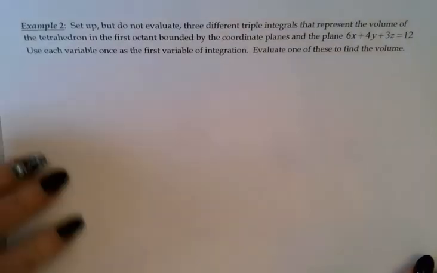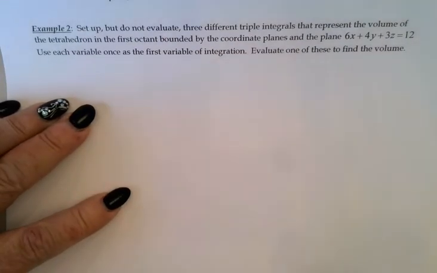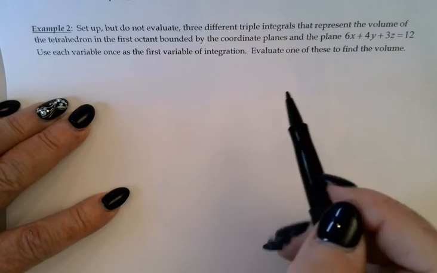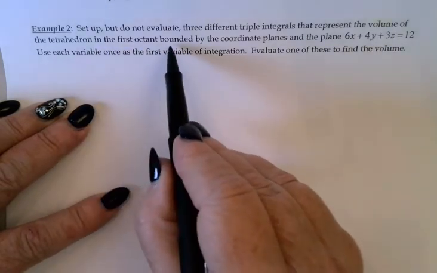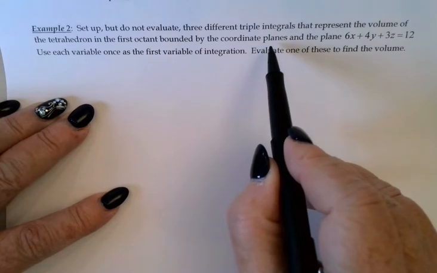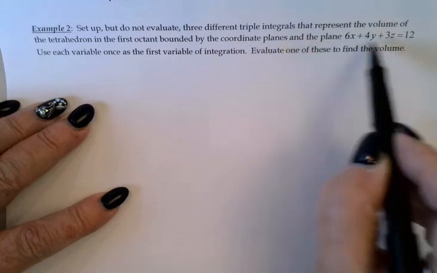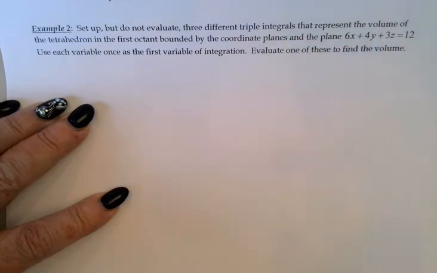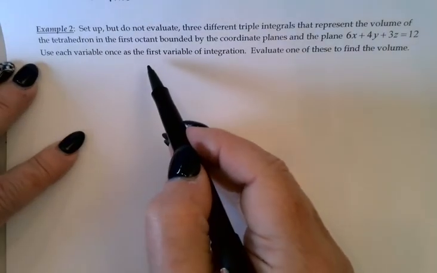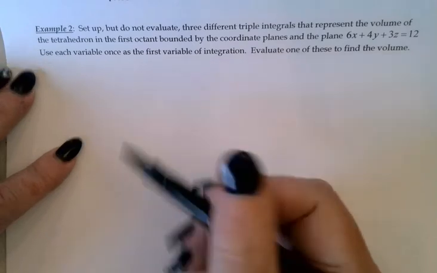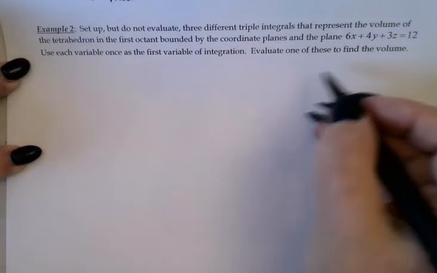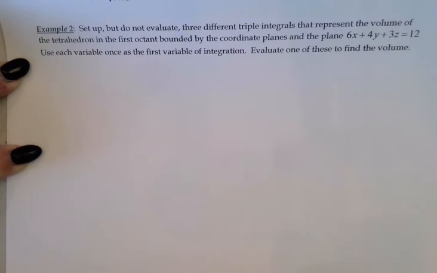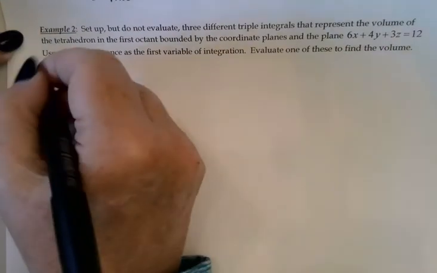So we're being asked to set up but not evaluate 3 triple integrals to represent the volume of the tetrahedron in the first octant, bounded by the coordinate planes and this slanted plane, 6x plus 4y plus 3z equals 12. We need to use each variable once as the first variable of integration. All right, we won't evaluate all of them. We'll maybe just evaluate the last one to find out what the volume really is.